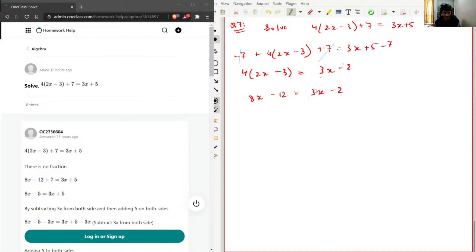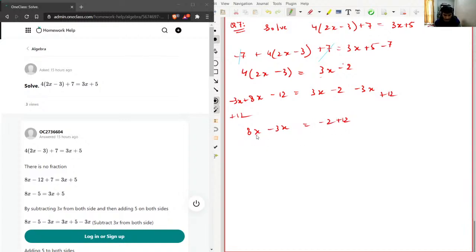Now I need to bring this 3x on this side and this 12 on the other side. So I'll subtract 3x from both the sides, and I'll add 12 on both the sides. So this and this will get cancelled. So it will become 8x minus 3x equal to, and 3x is cancelled, negative 2 plus 12.